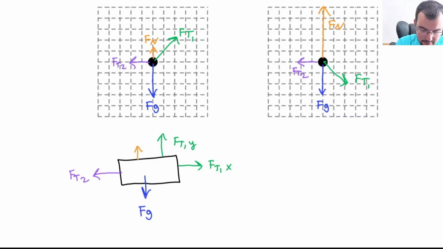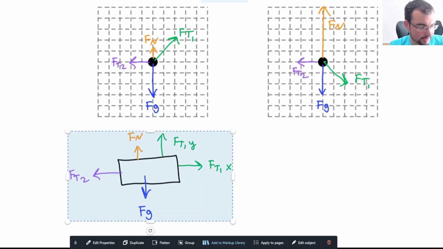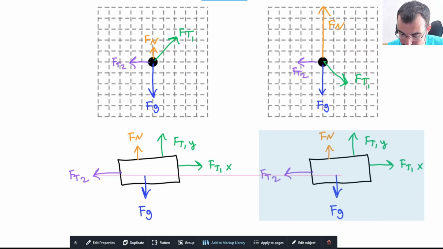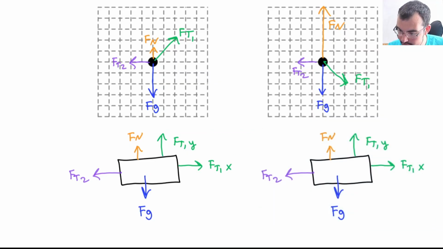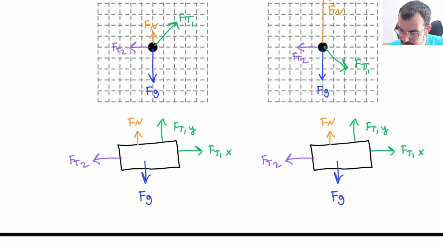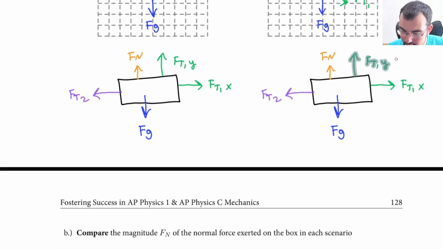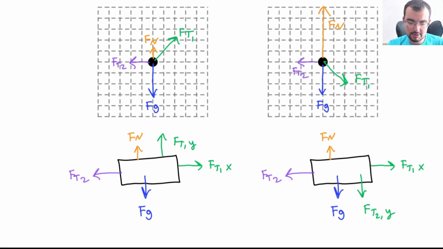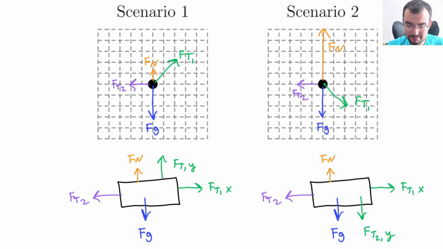And then we have FN here. And now just changing a couple things, we see the only difference between the two will be that the up pull component gets turned into a down pull component. So this would be our component body diagram.